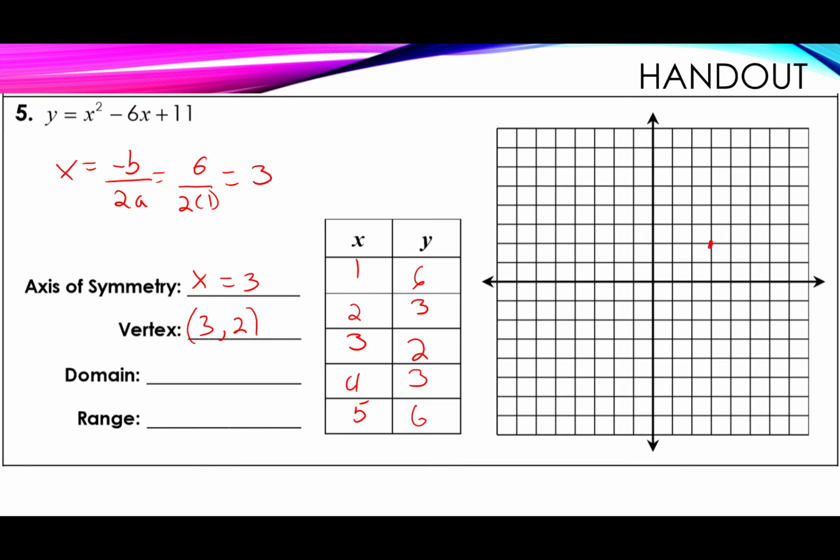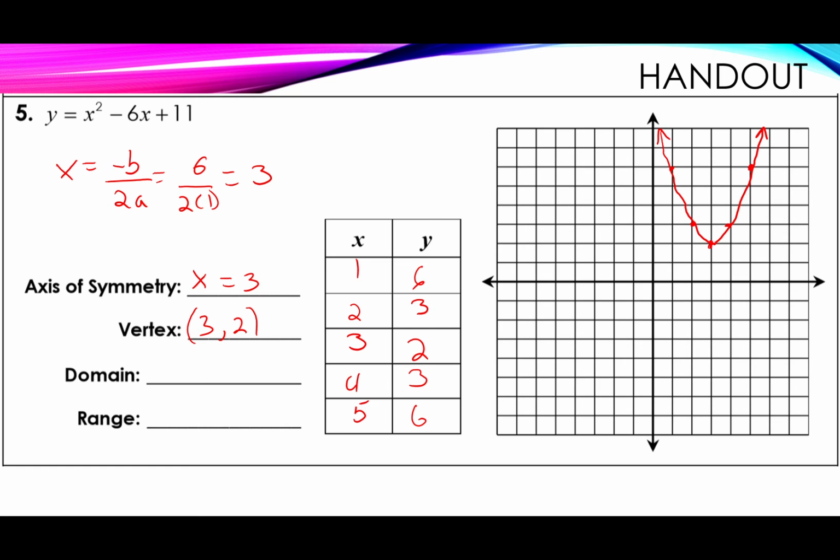Okay, you can use those points to graph. So at 2, y is 3. Same thing for when x is 4. When x is 1, it's 6. So up 6 and right there. Okay, just make a nice line connecting all those points.